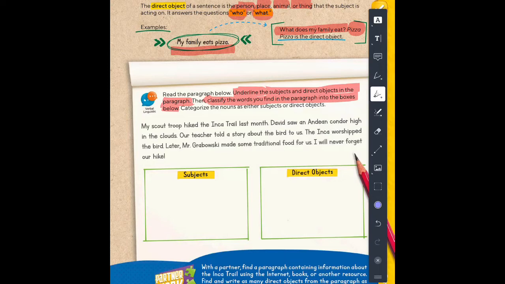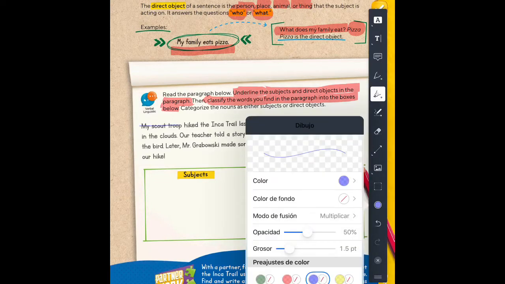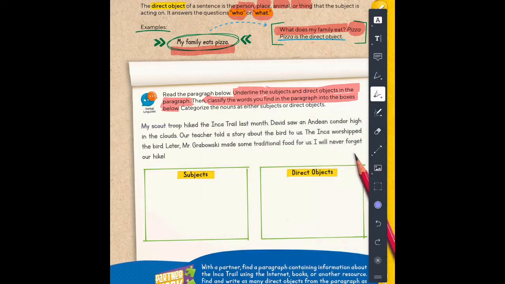Okay, so we have my scout troop hiked the Inca Trail last month, and we have a period there. So here we have two things to underline. My scout troop, a little bit thick. My scout troop, the Inca Trail. Okay, hiked the Inca Trail last month.